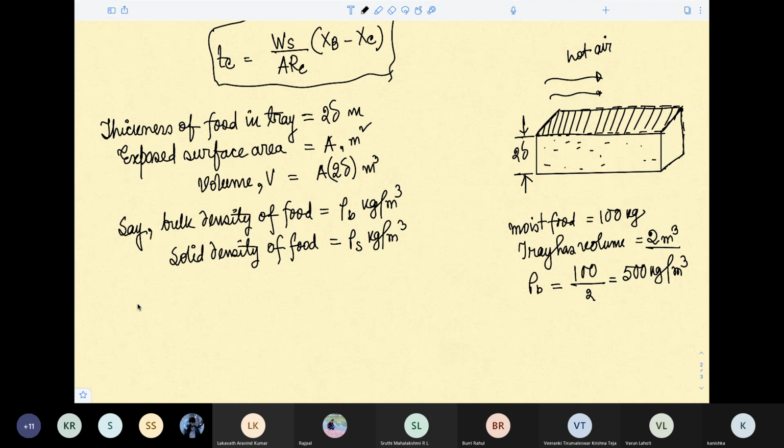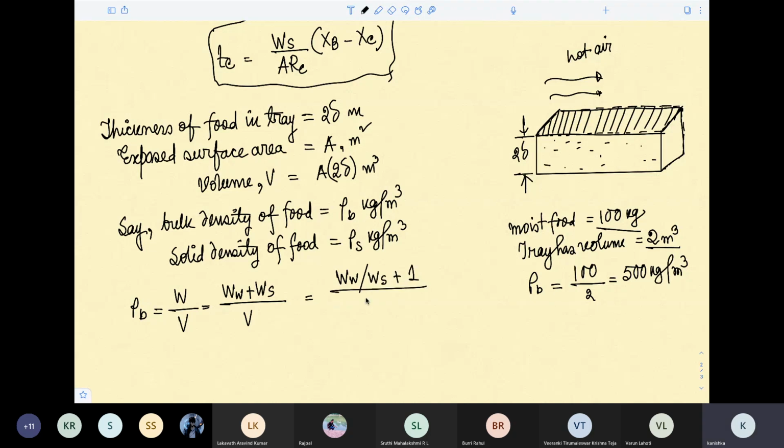So bulk density is, this is the moist food. That means bulk density we can write as weight of the material divided by V. Weight of the material or mass of the material divided by V. So this is weight of the water plus weight of the solid divided by V. This one we can also write as WW divided by WS plus 1, divided by V by WS.